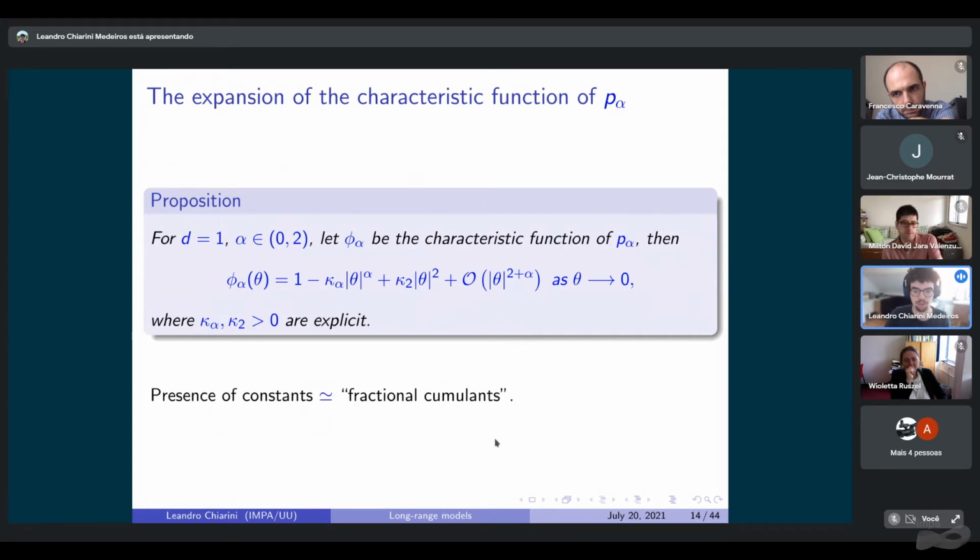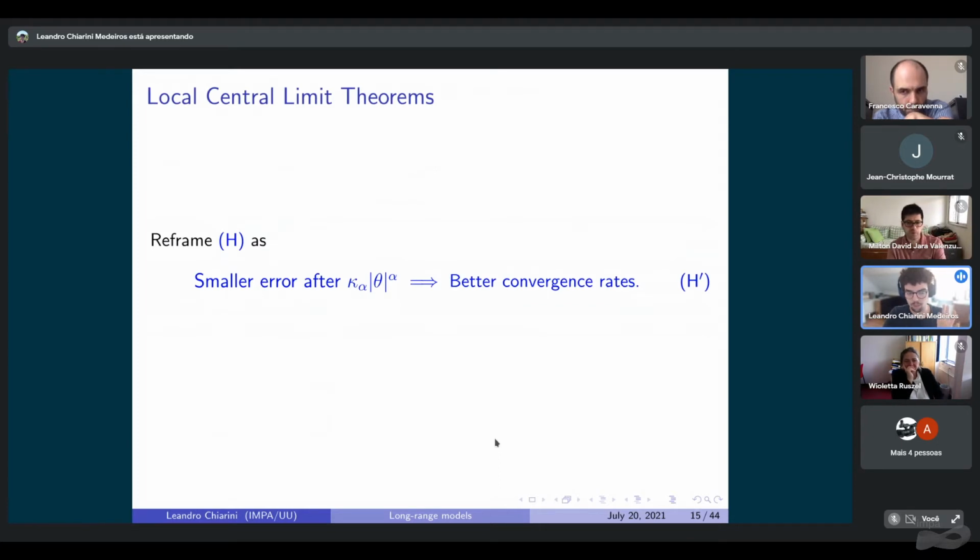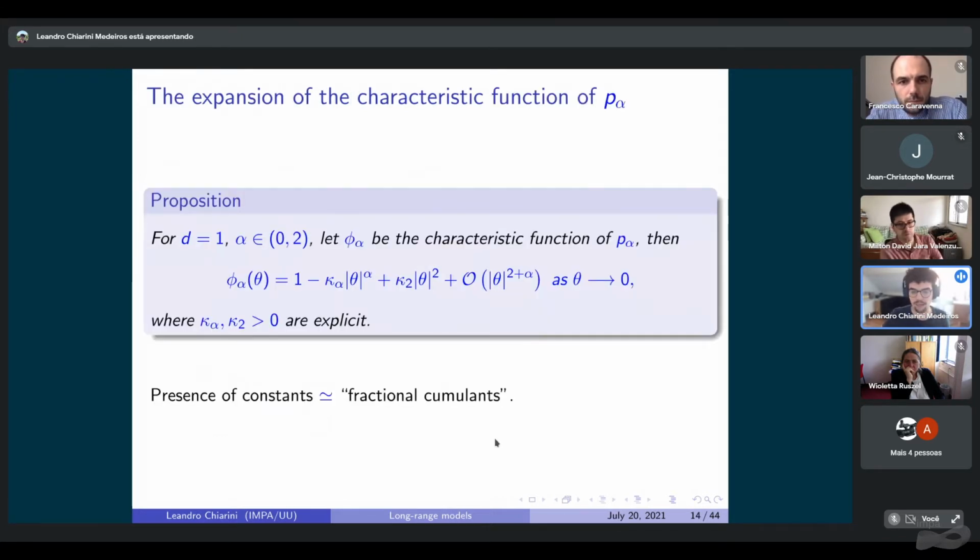It turns out that we can reframe what Lawler and Limic use. Instead of asking for further moments, what is actually useful for us is that the error after this term, kappa alpha, is small.